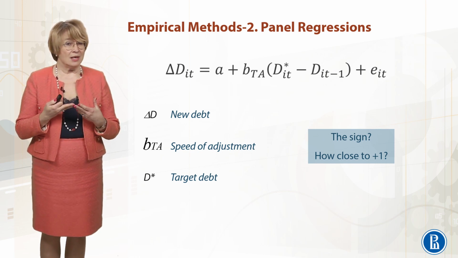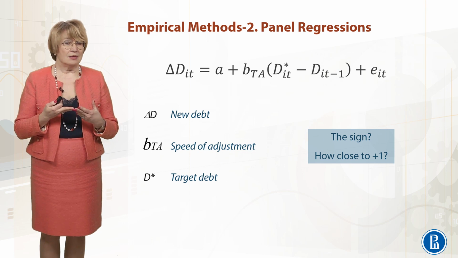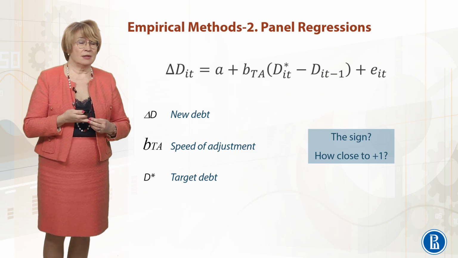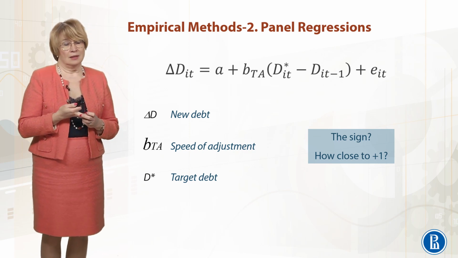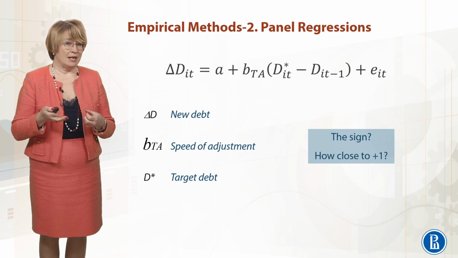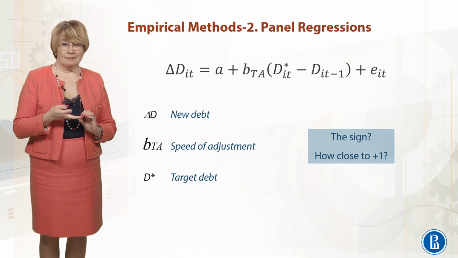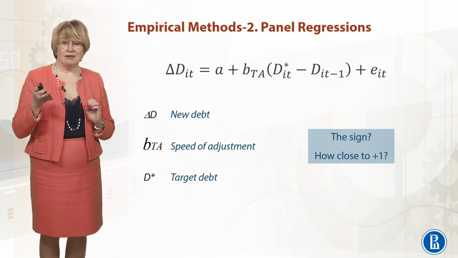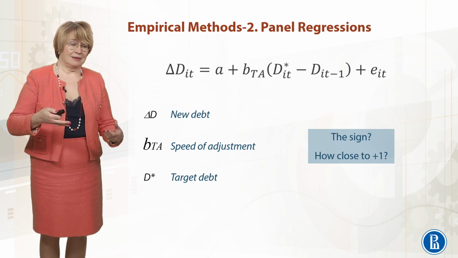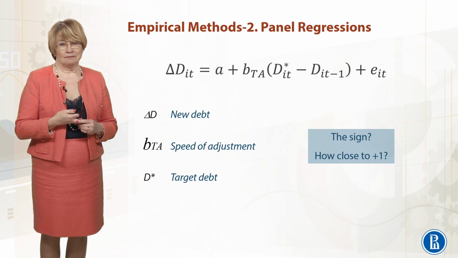So if you are lucky, you will get it, then you will finally say, wow, all the changes in the amount of debt could be explained by the deviations of previous level of debt from the target amount of debt.